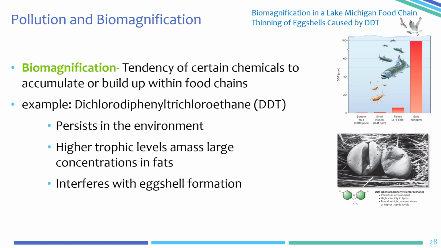If those consumers cannot process it out, cannot remove it as waste, then it just accumulates in those organisms. And then as you get to higher levels in the food chain, they reach toxic or detrimental levels. So a prime example of this is DDT.